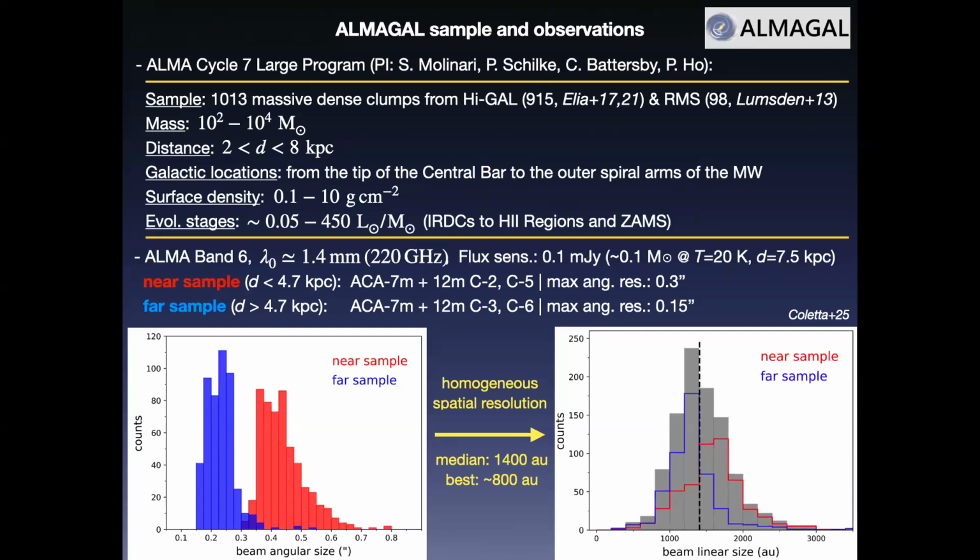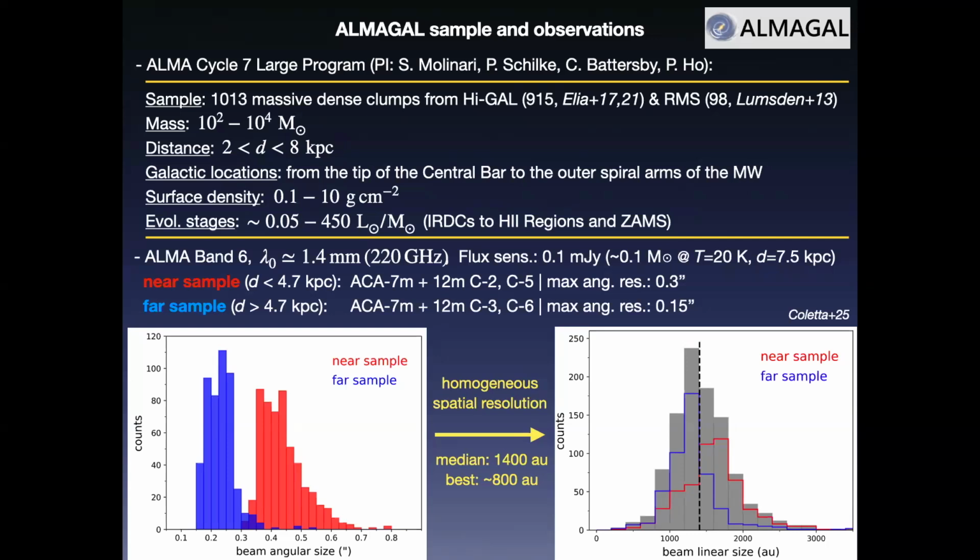And this wide range that we have, more than 4 orders of magnitude at least in L/M, covers the whole star formation sequence from infrared dark clouds up to HII regions and even more advanced protostellar phases.